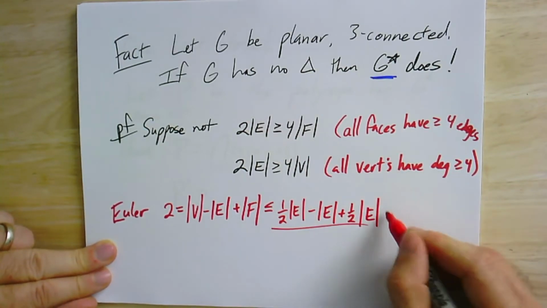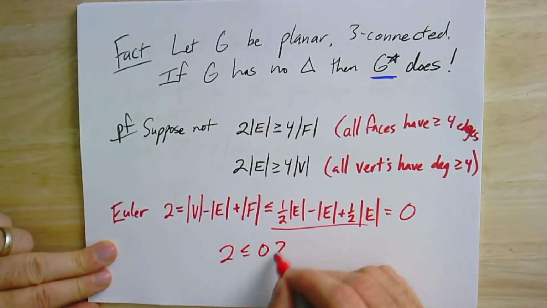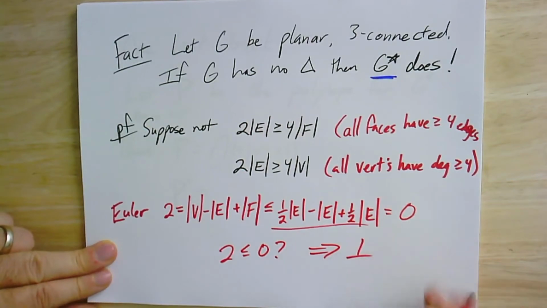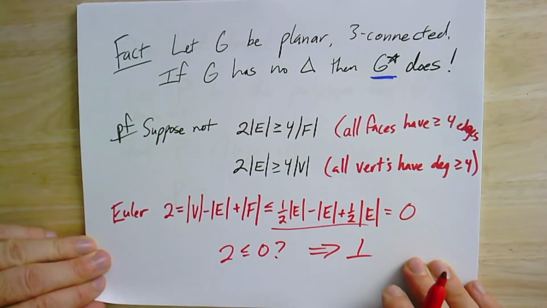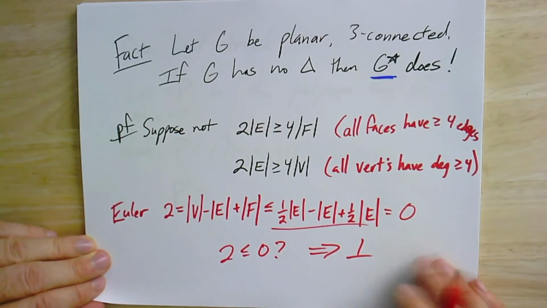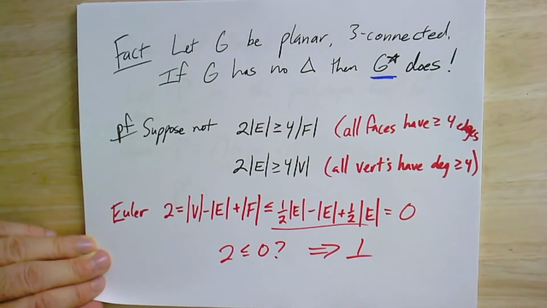But if you add this up, this is 0. So it's saying that 2 is less than or equal to 0. Well, that's not possible. There's our nice contradiction. So it can't be the case that both G and its dual have no triangles. At least one of the two graphs will have a triangle. And we know then if you have a triangle, we can run our algorithm and get a polytope.